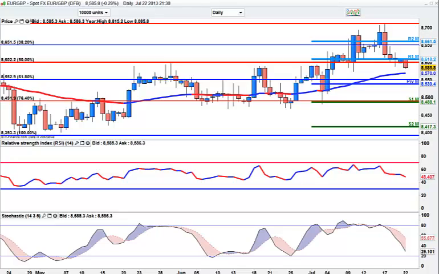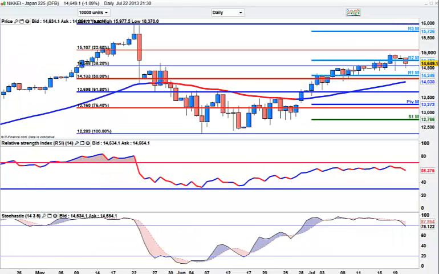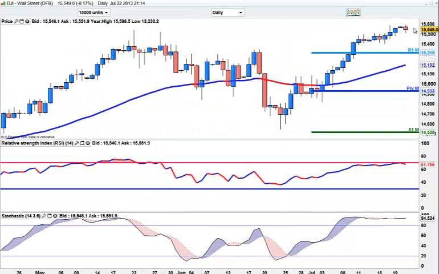Right, indices. Let's look at the Nikkei first. Edging lower. So bear in mind we are in some real summer doldrums now. Dow was sitting on that support. That was resistance, now that's support. So it might just move sideways and get another move to the upside.